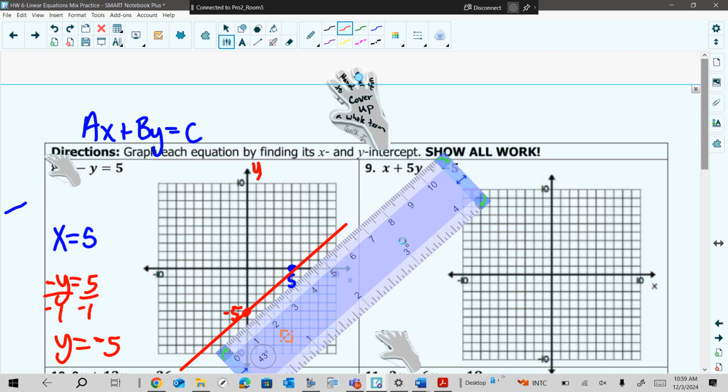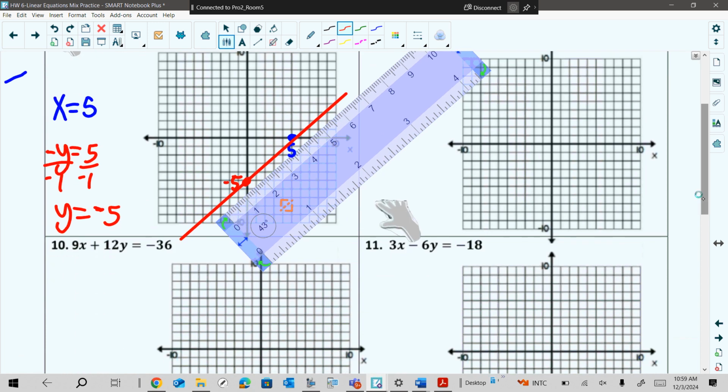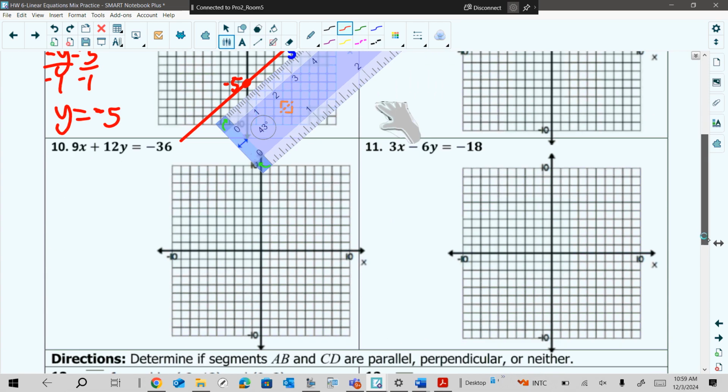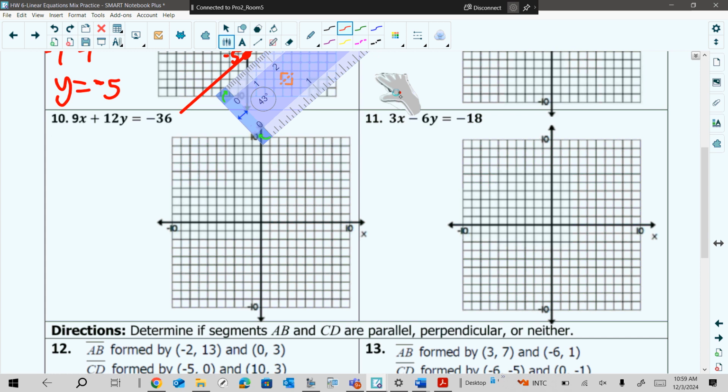So I know some of you can do this mentally. Okay, just make sure you watch your signs. Number 10 on the left side here is a good example of that. When I solve for my x-intercept and I cover up my y, we now read it as 9x equals -36.